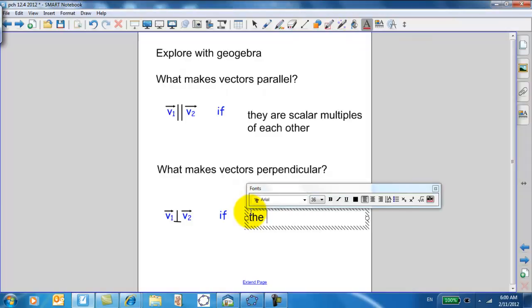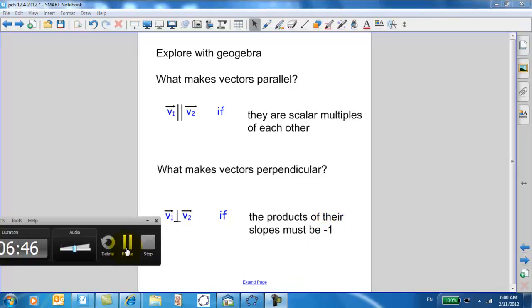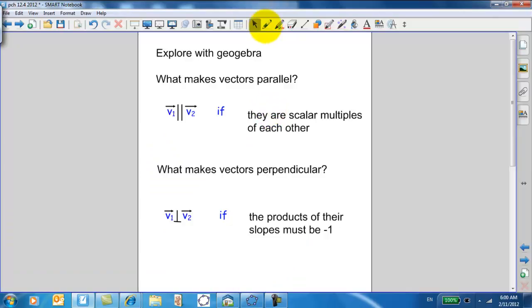The products of their slopes must be negative 1. Let's write this out algebraically. Scalar multiple means that v1 will equal some scalar k times v2.